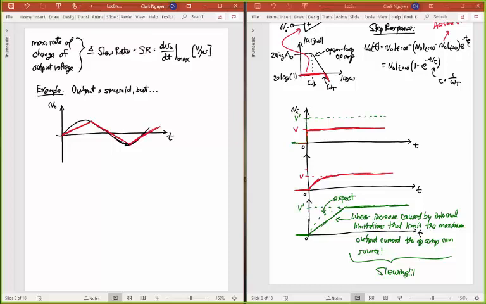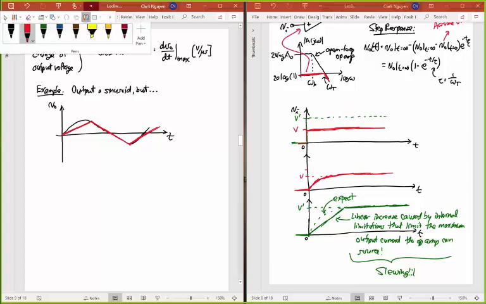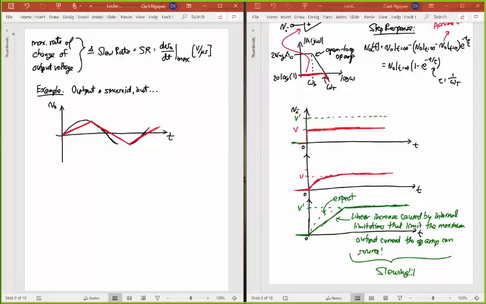You turn the sinusoid into a triangle wave, basically. Let me at least try to draw this correctly, the way that it's supposed to look. This should go down a little more like that, and then that should intersect like that, sort of. So you have something like this. You basically turn a sinusoid into a triangle wave.